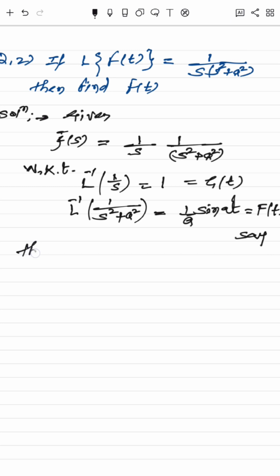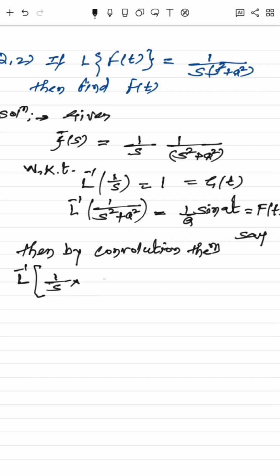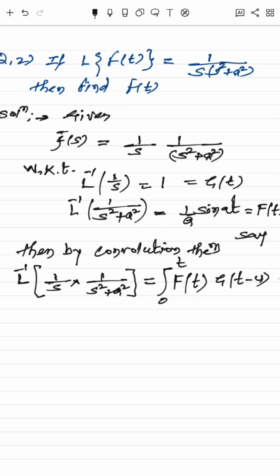Then by convolution theorem, inverse Laplace of the product of two terms 1 by s multiplied by 1 upon s square plus a square is equals to integration from 0 to t f of t into g of t minus u du, and therefore it is equals to integration from 0 to t.